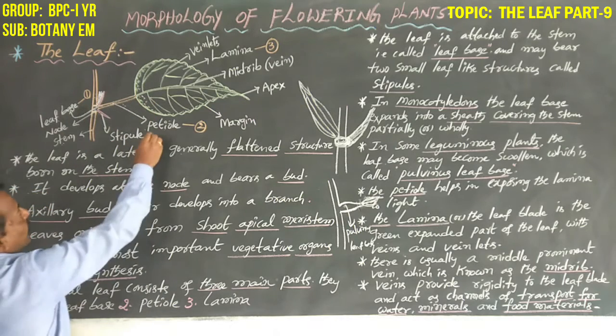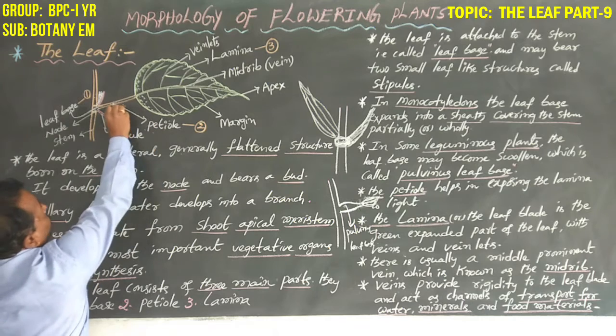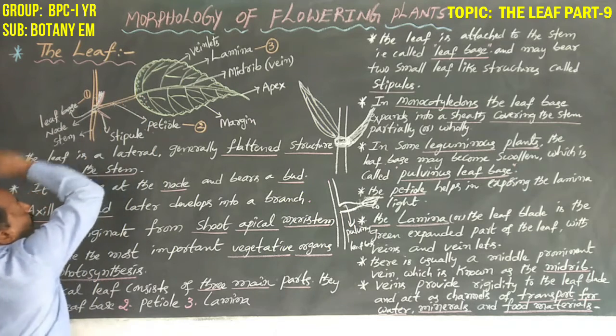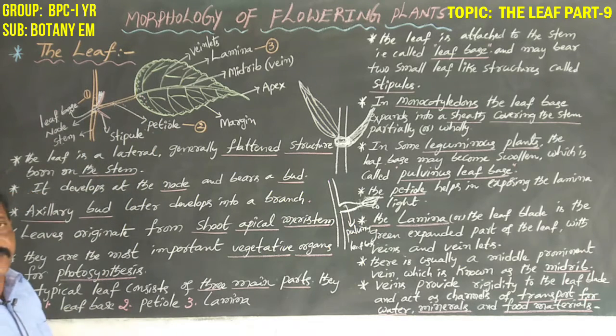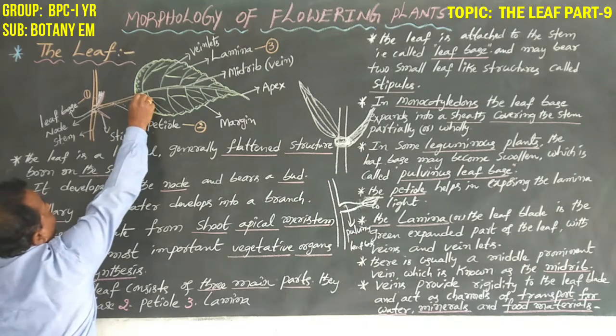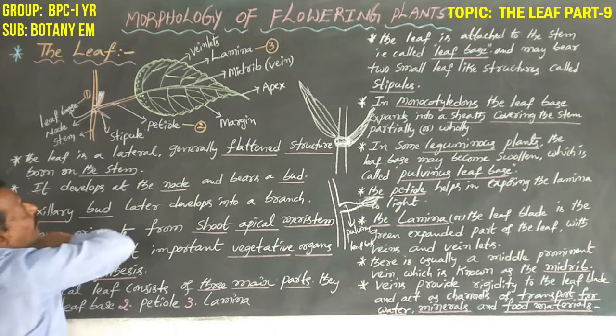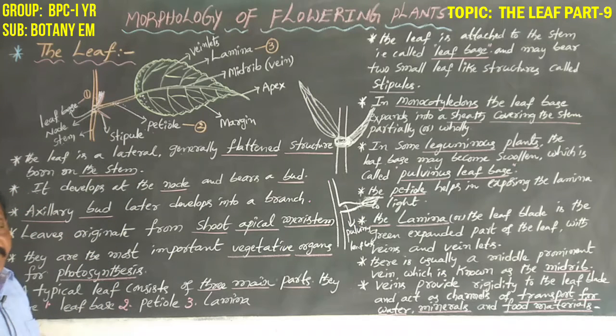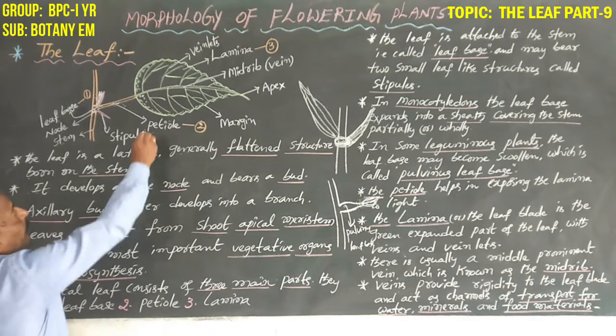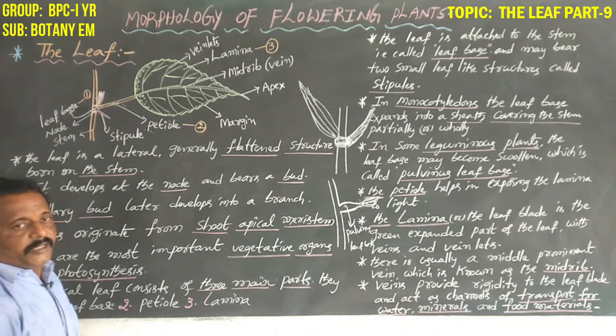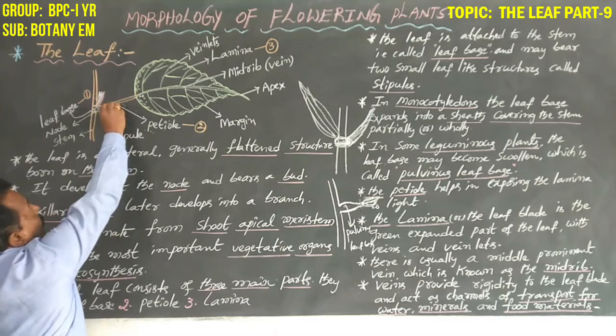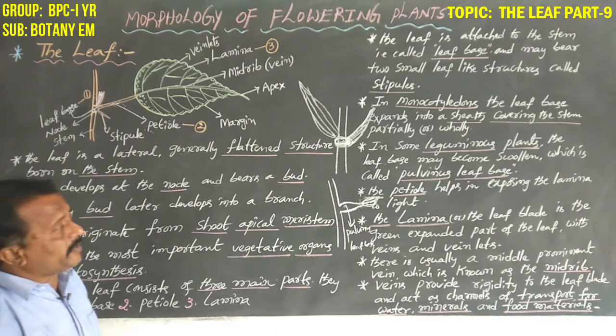So the petiole is always between the lamina and the leaf base. The leaf base and the lamina are connected by the petiole.